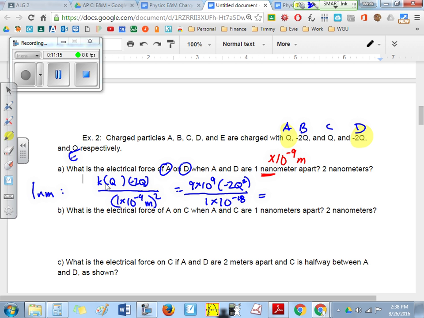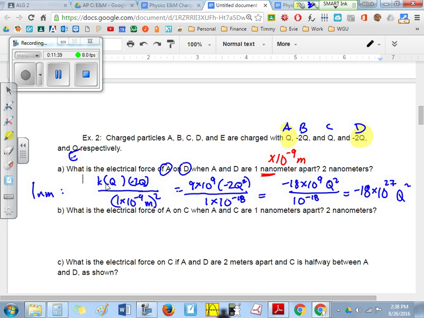The top is 9 times 10 to the 9th, but you're multiplying by negative 2, so that's negative 18 times 10 to the 9th, and there's a Q squared. We'll never know Q, so too bad. The bottom is 10 to the minus 18th. Dividing by 10 to the minus 18th is the same as adding 18 to your exponent on top. So you end up with negative 18 times 10 to the 27th Q squared.